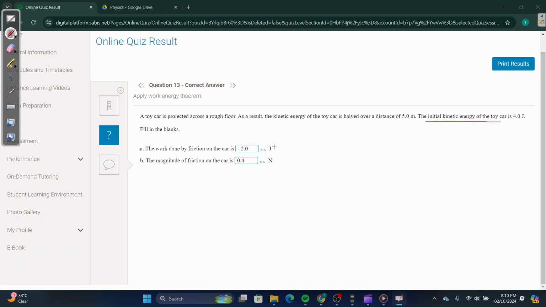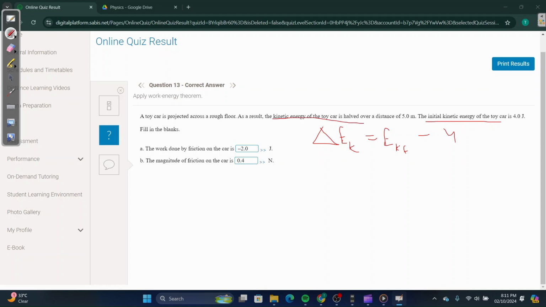So delta EK is equal to the final kinetic energy minus the initial, which is 4. To find the final kinetic energy, they told you it's projected across a rough floor, and the kinetic energy is halved over a distance of 5 meters. So the final kinetic energy is half of the initial.